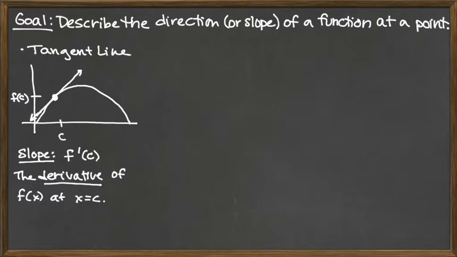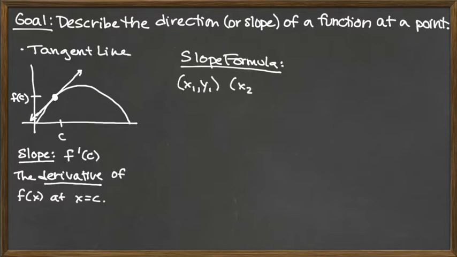But the problem here is, for a tangent line, we only have one point. In general, we have a slope formula from algebra, and that slope formula starts with 2 points. So let's call these points x1, y1, and x2, y2.